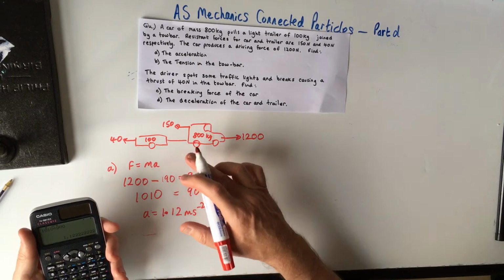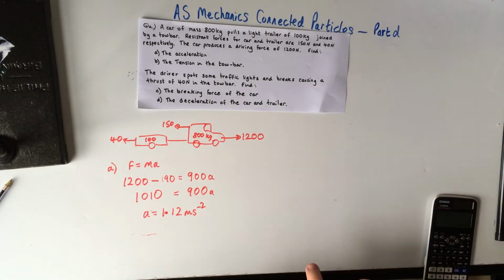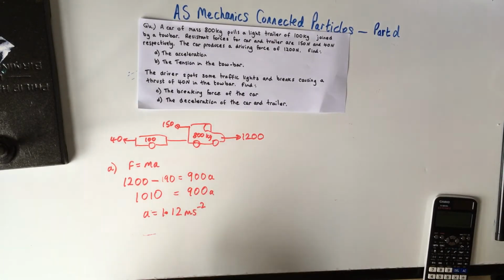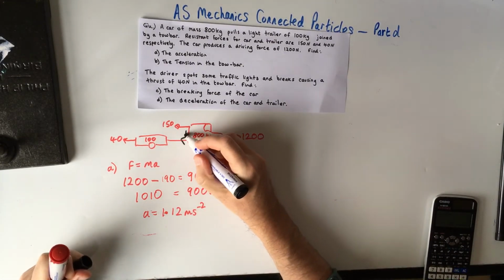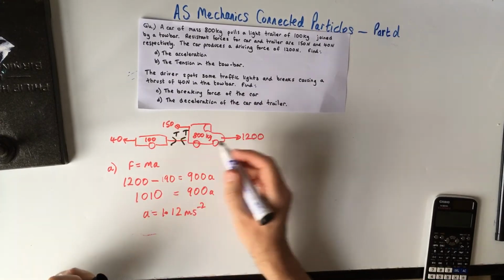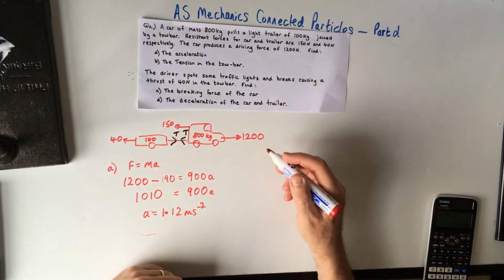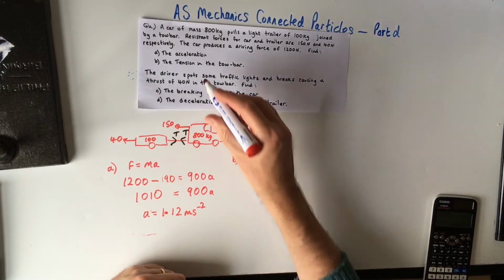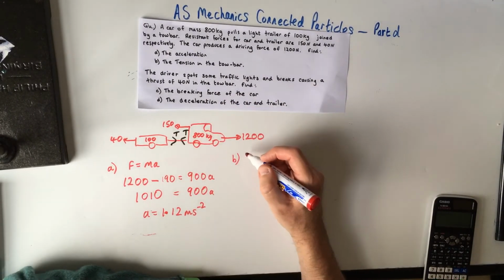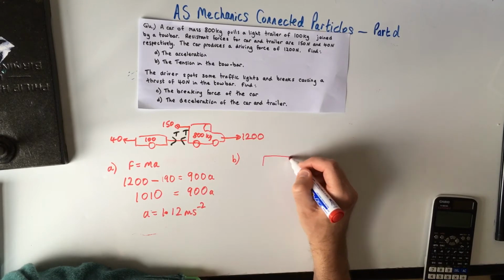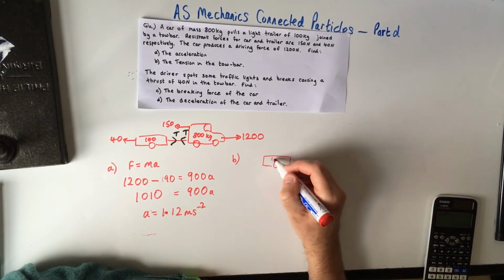Okay. Now we need the tension. Tension acts away. Let's put it in and away from that. We can consider these separately. So just looking at the trailer separately for part B, the tension in the tow bar, there's our trailer, 100.